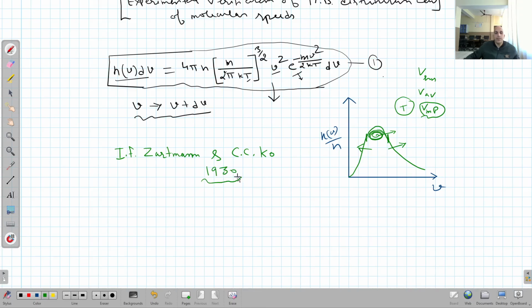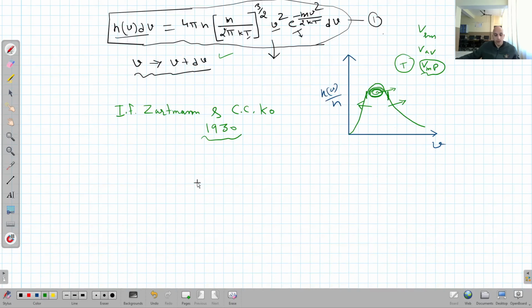Their experiment verified all the theoretical predictions of this equation, right? Now I'm going to discuss this experiment of Zartman and Ko. For that, I will first of all take the schematic diagram of the experimental setup that they have used for it. Clear?